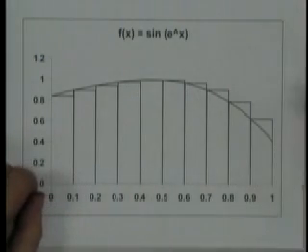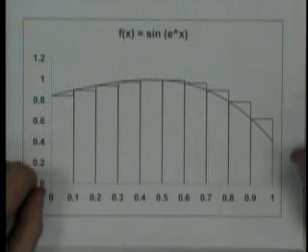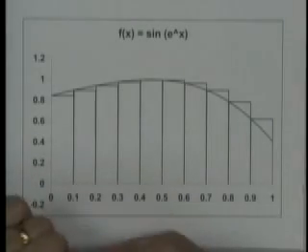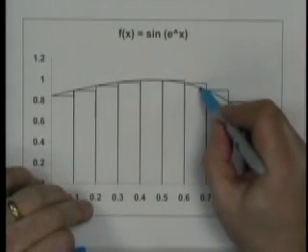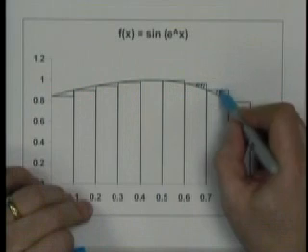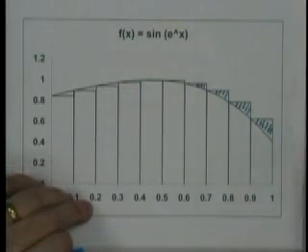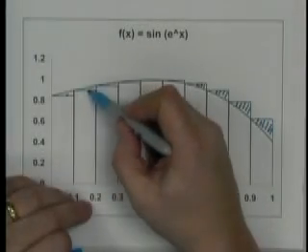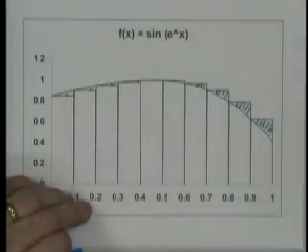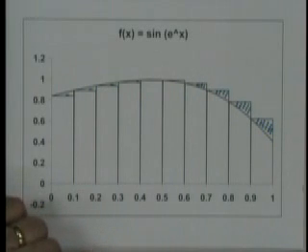Now, do I think that estimate is too high or too low? Well, in this case, it looks like more of my rectangles over here are too tall than the ones over here that are too short. So I'm thinking that my estimate here is a little too high.